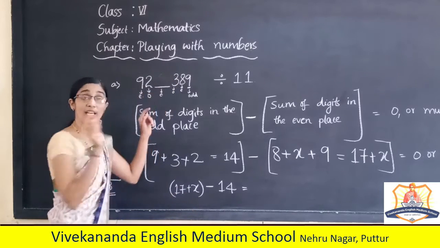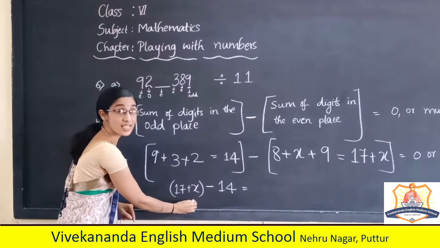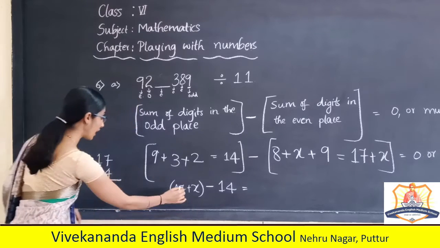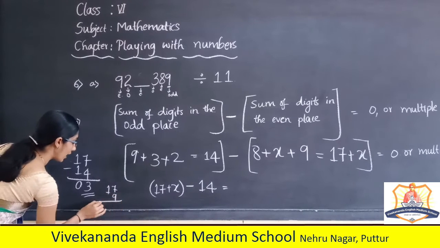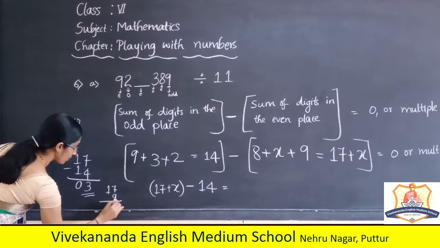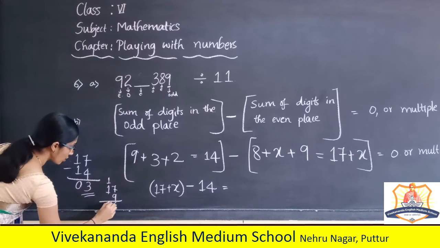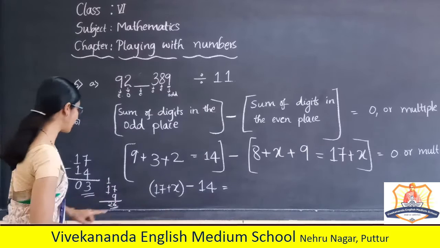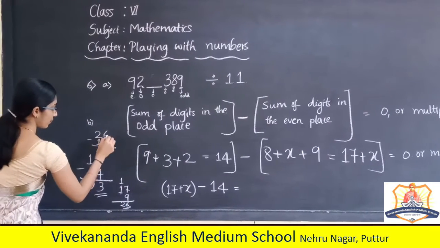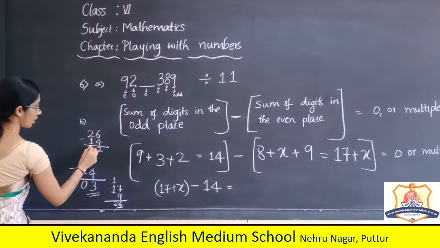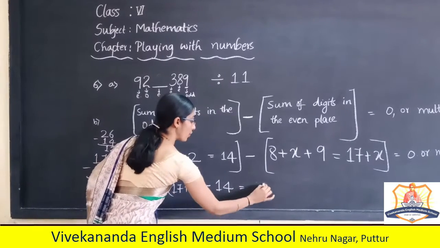What I need to fill is only a single digit, right? So let me take the greatest single digit number, 17 plus 9. Right? So it gives 26. 26 minus 14, how much? It is 12. The answer we are getting is 12 here.